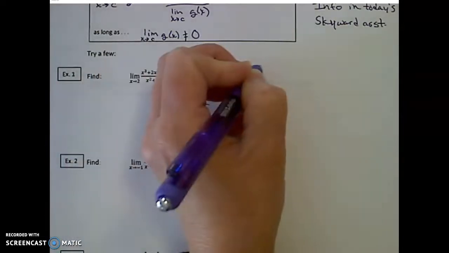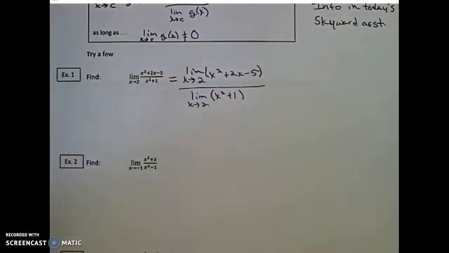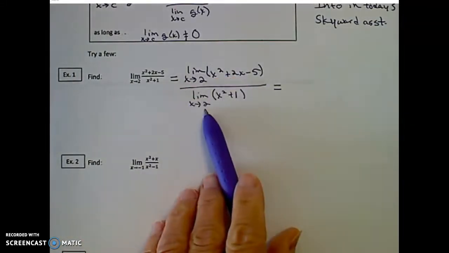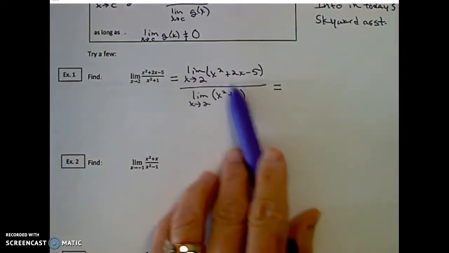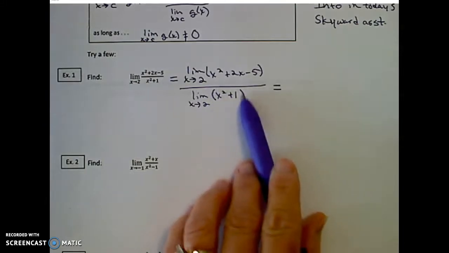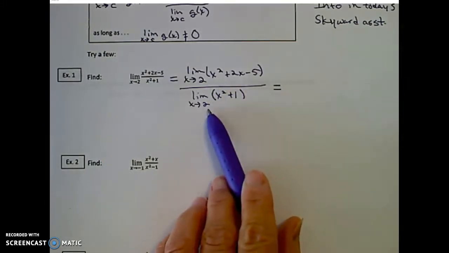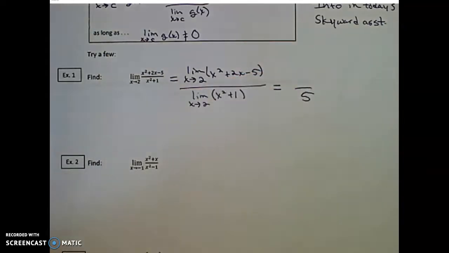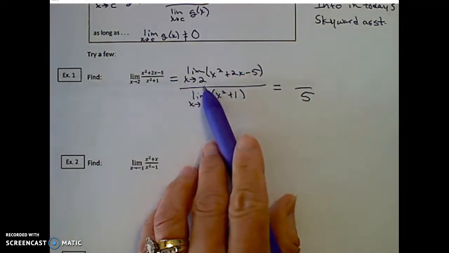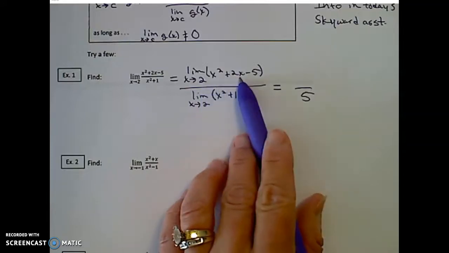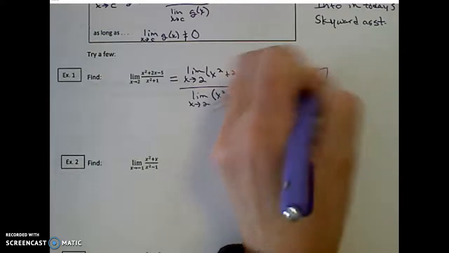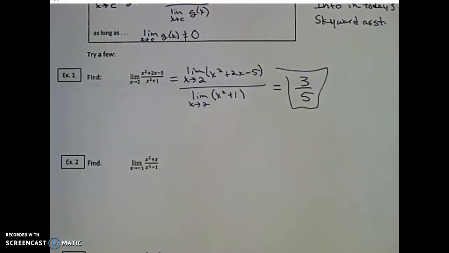Is there any problem with this denominator? As x approaches 2, is this approaching 0? No. As x approaches 2, 2 squared is 4 plus 1 is 5. That is the value of the limit in the denominator. If I plug 2 into the numerator, that is 4 plus 4, which is 8, minus 5, which is 3, and the value of that limit is 3/5.